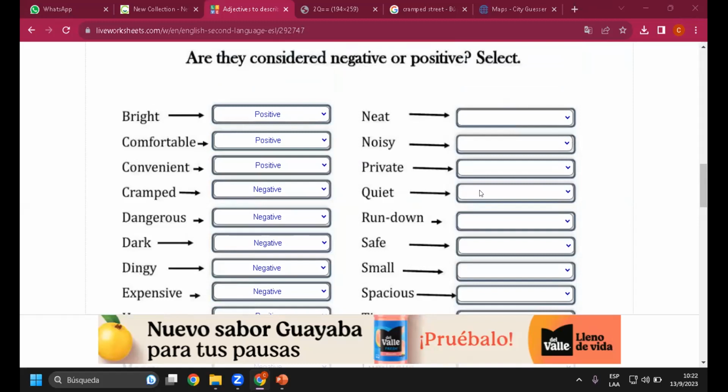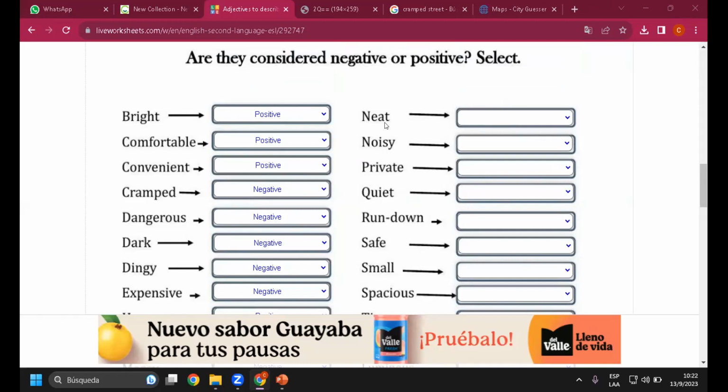Then let's move on. We have neat. What is the meaning for neat? Do you remember? Limpio. Exactly. Neat is the opposite of messy. Neat is very clean, very organized.